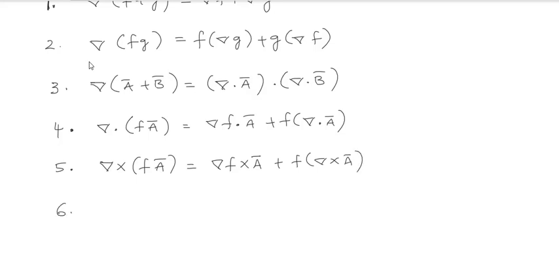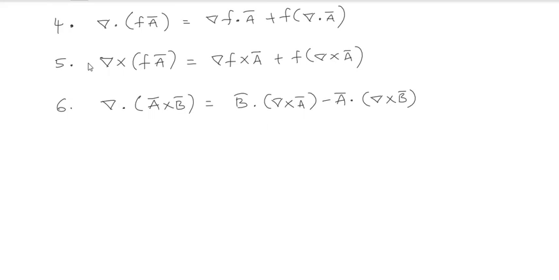Yeah. Next, sixth one, del dot a bar cross b bar, which is b bar dot del cross a bar minus a bar dot del cross b bar.